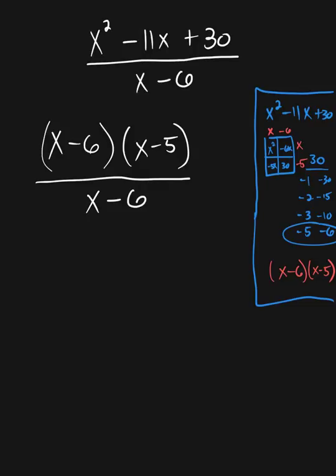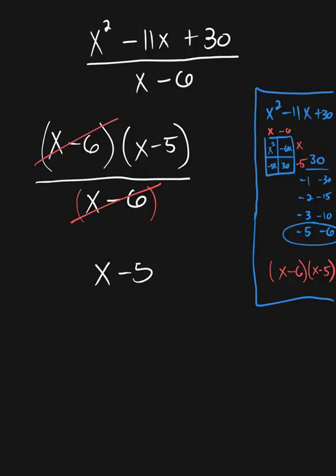Oh, look, guess what we got again? We've got the same thing on the top and the same thing on the bottom. I've got an x minus 6 on top, and I've got this x minus 6 here on the denominator, so they're going to get canceled out. What am I left with? I'm left with that x minus 5.